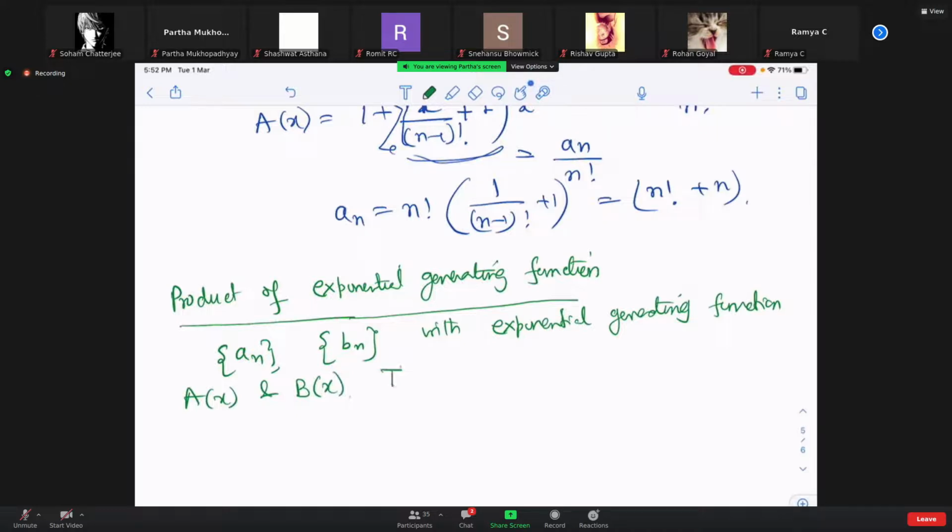Then we can define C(x), the product generating function, which is equal to A(x) times B(x). And the nice thing about that is that c_n is generated like a convolution sum, c_n = sum over i of (n choose i) a_i b_{n-i}.